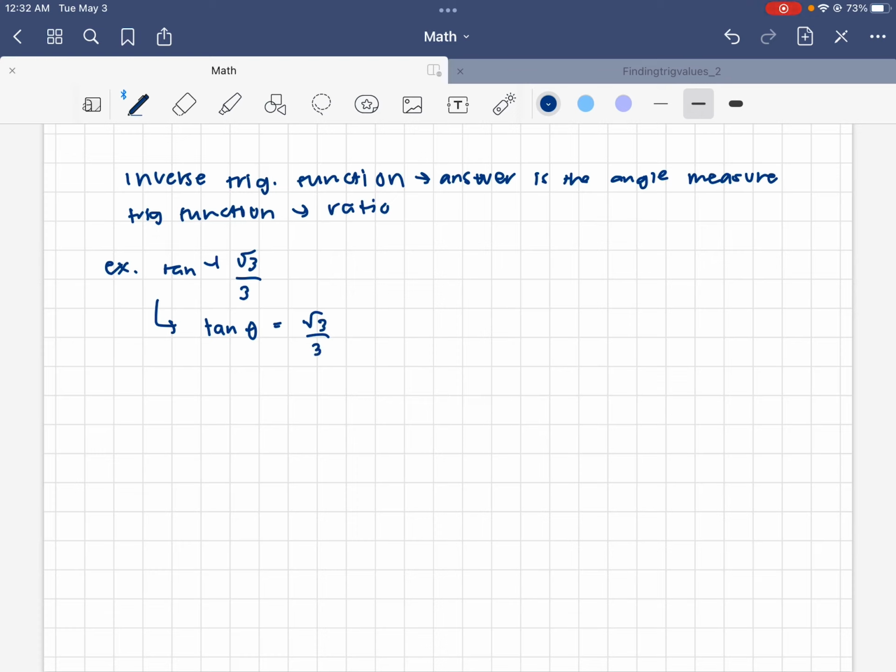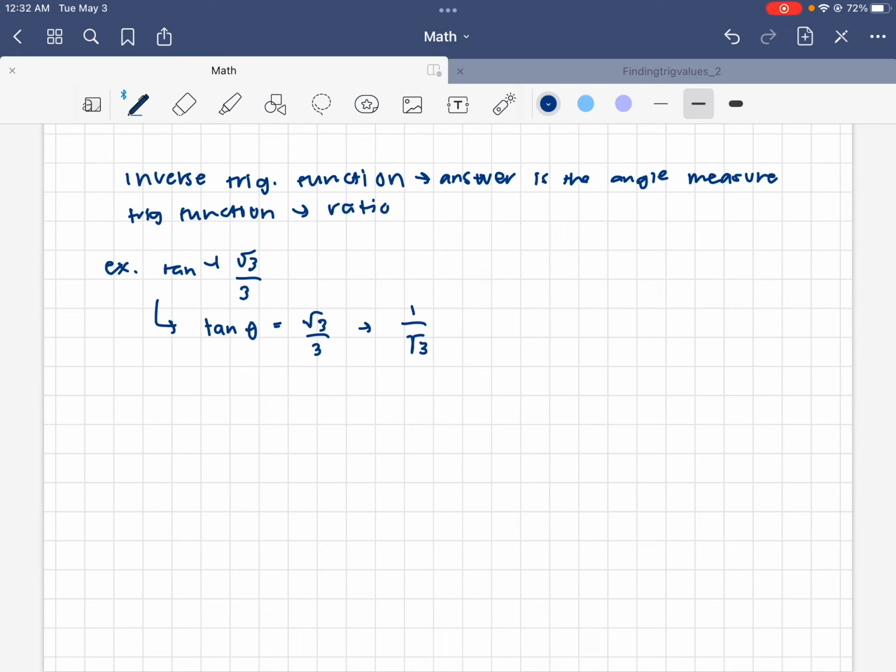And tan is positive in quadrant 1 and quadrant 3, so you have to find out which one it is in. We'll go over that in a second, but basically square root of 3 over 3 is the same as 1 over square root of 3.